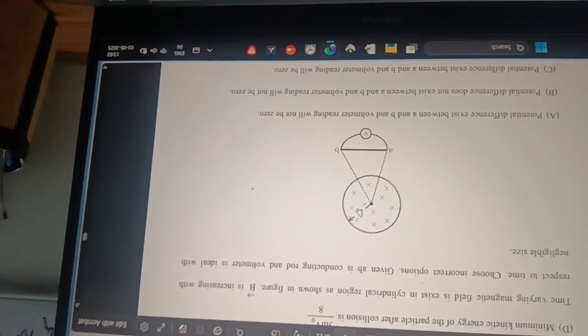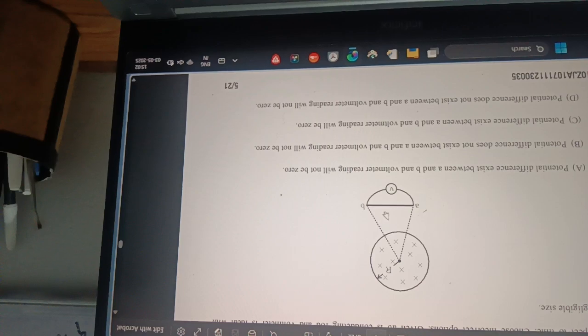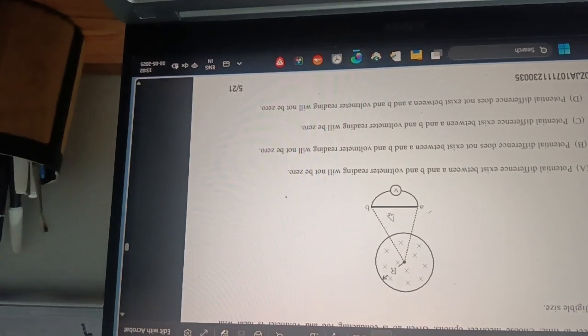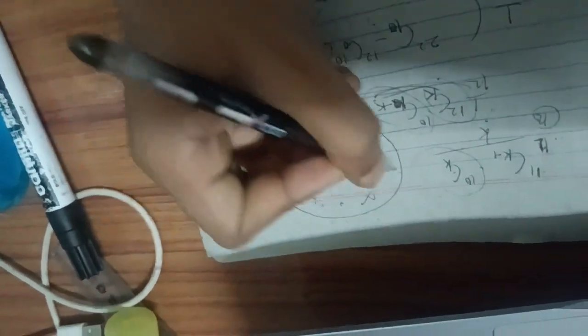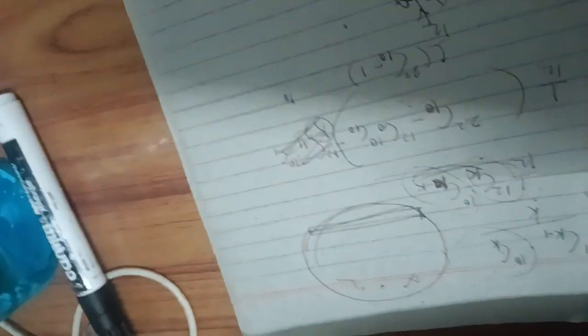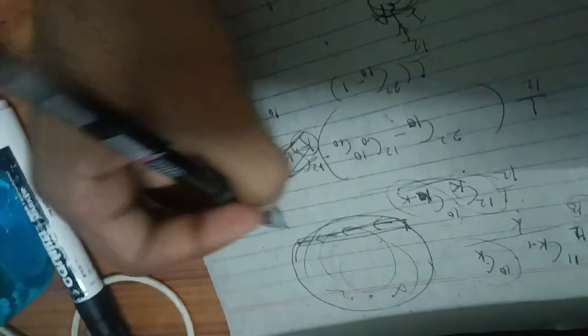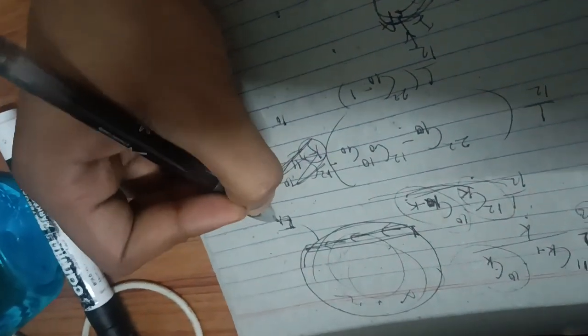Now when this occurs, one more thing: the potential difference is measured by the E static. Let's say we have a magnetic field in this region and we have a rod here like this. When this magnetic field changes, there will be some circular electric field lines induced, and they will have some components parallel to this rod, and because of this induced electric field there would be some potential difference across this.